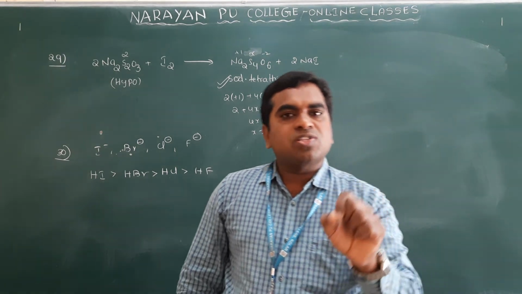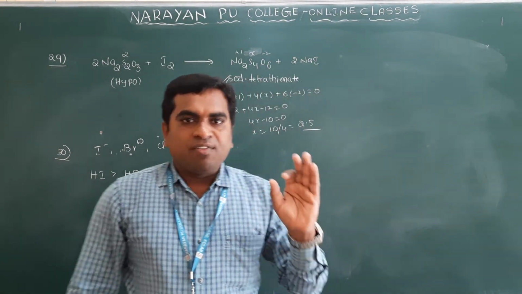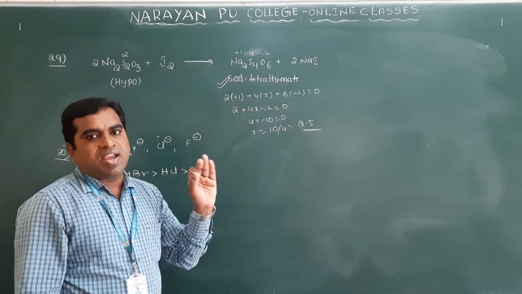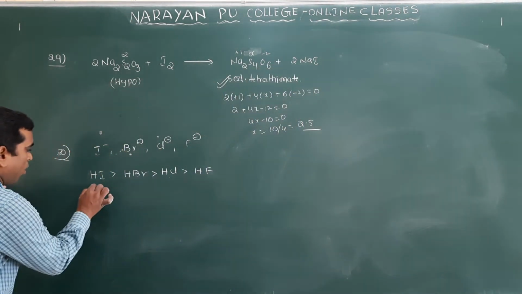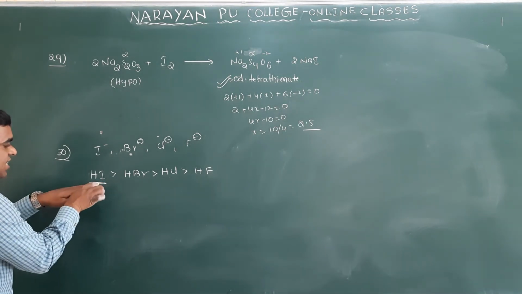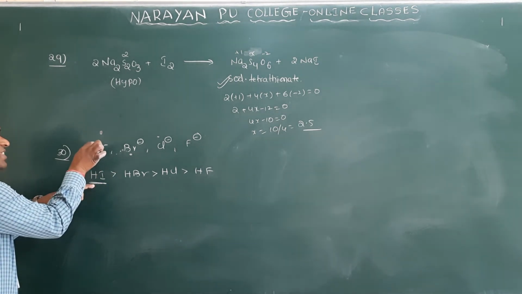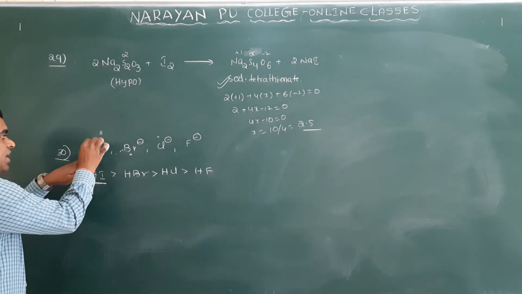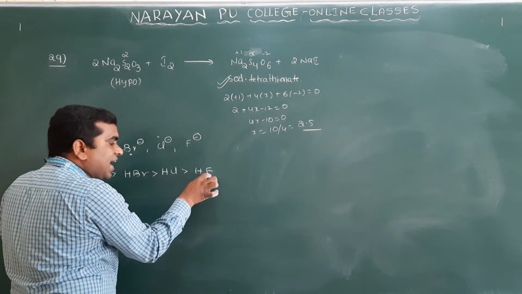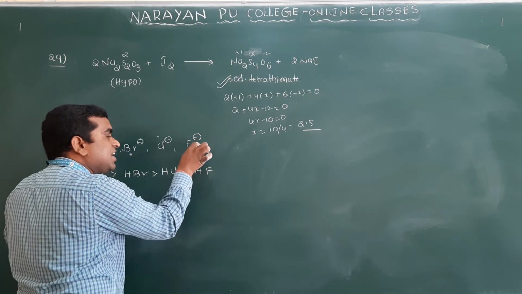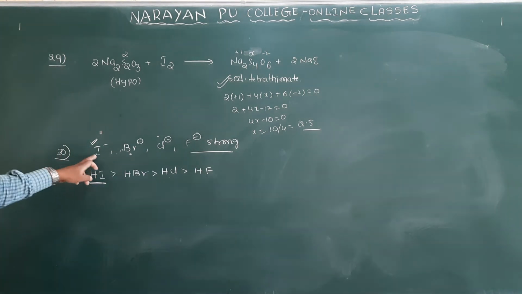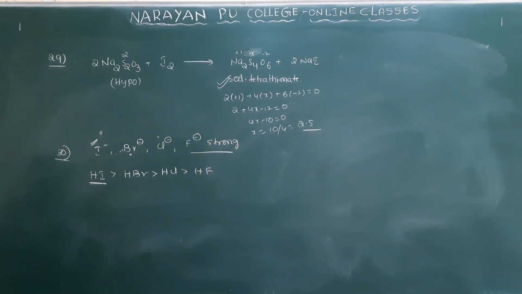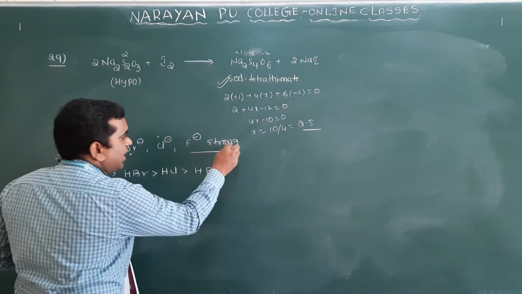The strongest acid's conjugate base is the weakest. A weak acid's conjugate base is strong. That is how to do this question. Clear? Now what are they asking in the question? They are asking which one of the following is most basic. Which one is the most basic one? It is a strong base.